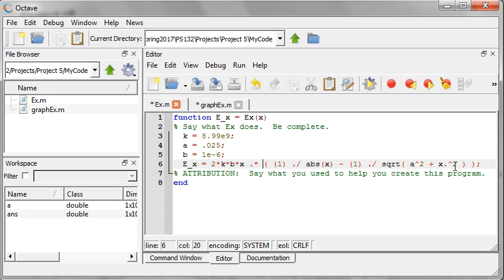Ex is equal to this. I'll say this is the Coulomb constant. Percent, I think that needs a little explanation. Percent Coulomb constant in Newton times meters squared per Coulomb.